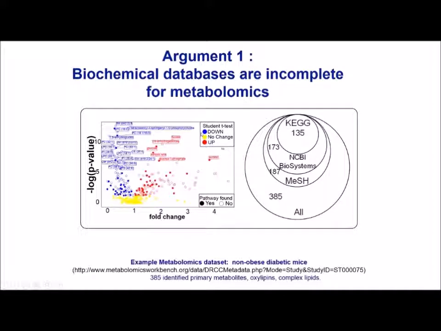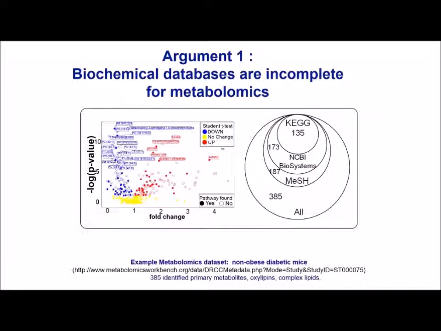Blue dots are decreased, red dots are increased, and yellow means no change. And a filled dot means a pathway was found in NCBI Biosystems, and empty dots mean there was no pathway for a compound. And as you can see, among the significantly affected compounds here, many do not have any pathway annotations.